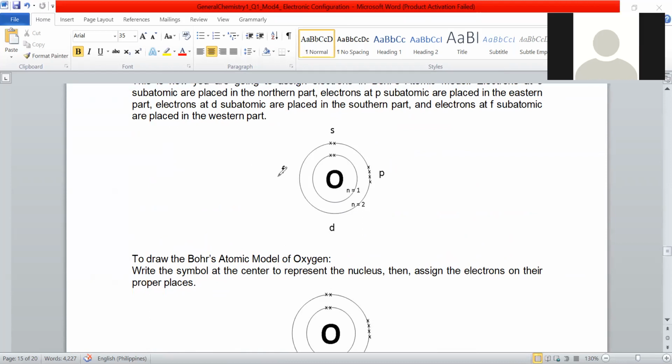Okay. Now do you have your table of elements with you? Yes, ma'am. Okay. It is very important that we have the table of elements because we look at the atomic number. So say for example, you are asked to determine the atomic model of oxygen.